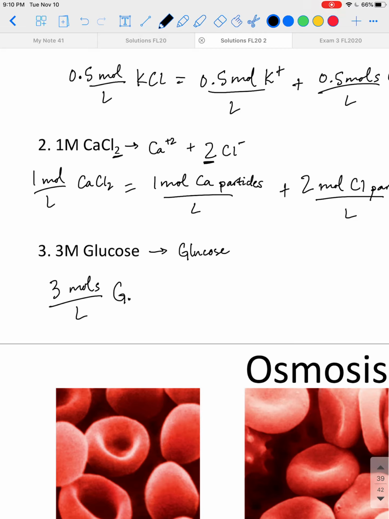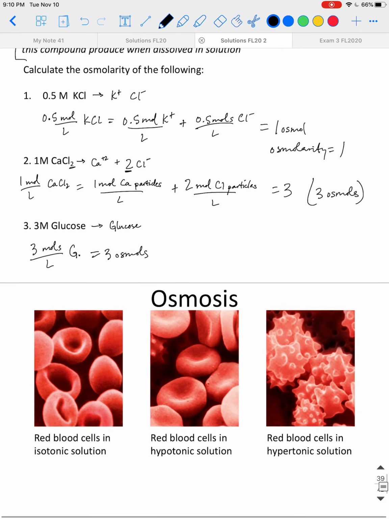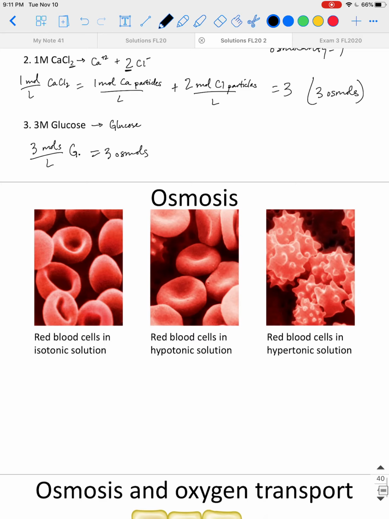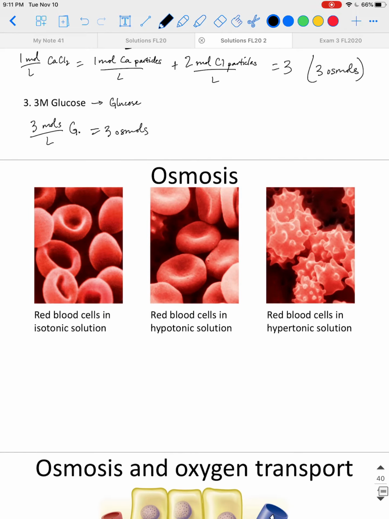It's just going to be glucose. Glucose can dissolve, but it doesn't break apart, it doesn't dissociate. So if we have 3 moles per liter of glucose, we have 3 osmoles. Osmolarity of 3. That one was more simple because it does not dissociate into ions.